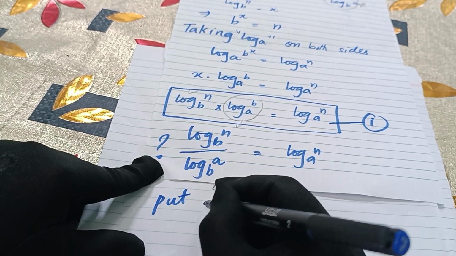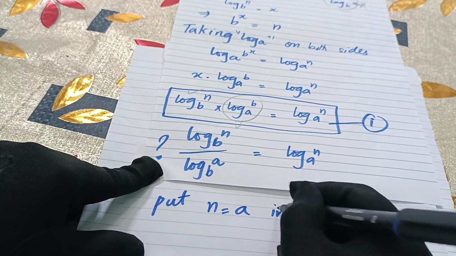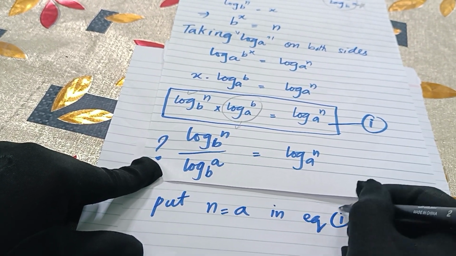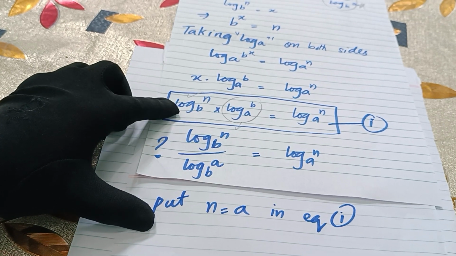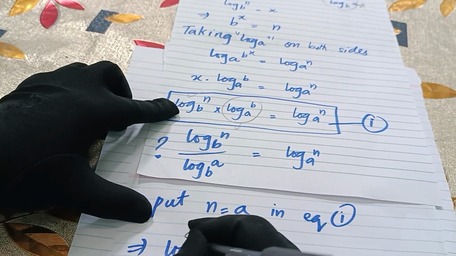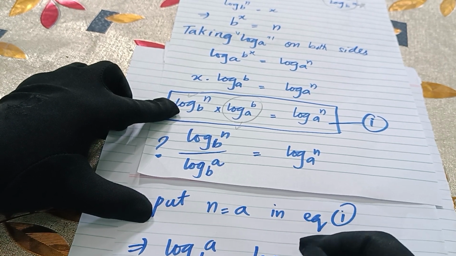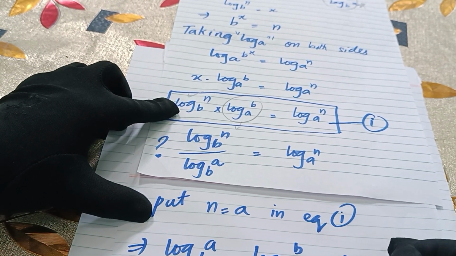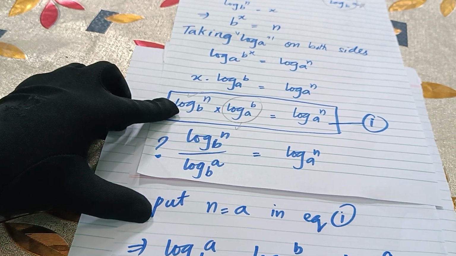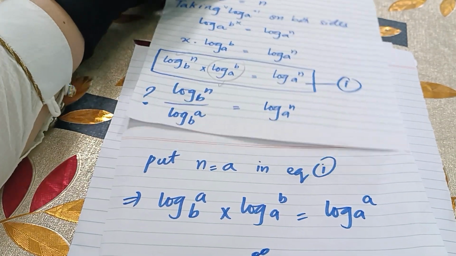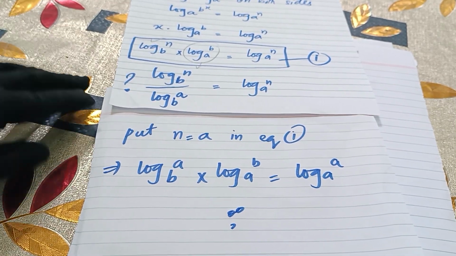For this proof, put n equal to a in equation number 1. Replacing n with a, it becomes log_b a into log_a b equals log_a a.